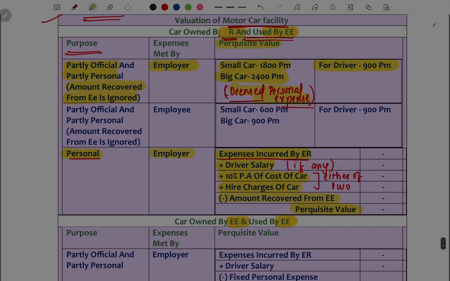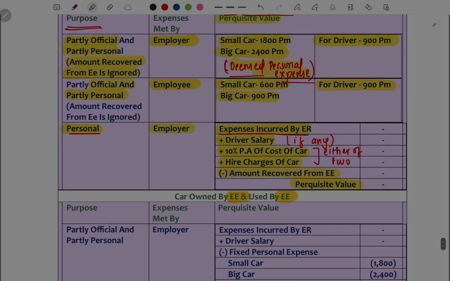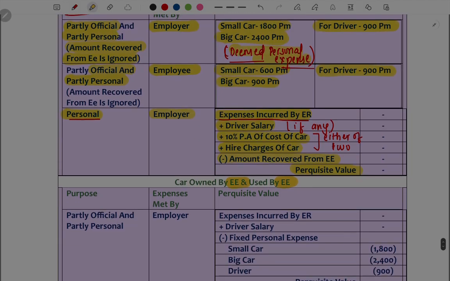And again, the same condition where the employee owns the car, uses it, and expenses are made by the employee, partly official, partly personal: the employee reimburses himself only. For the small car 600, big car 900, and it is also a deemed personal expense. For the driver again 900 per month, again a deemed personal expense.